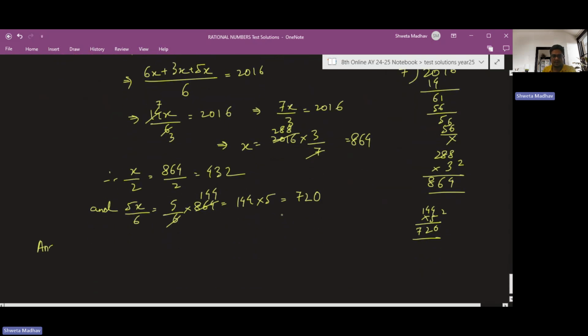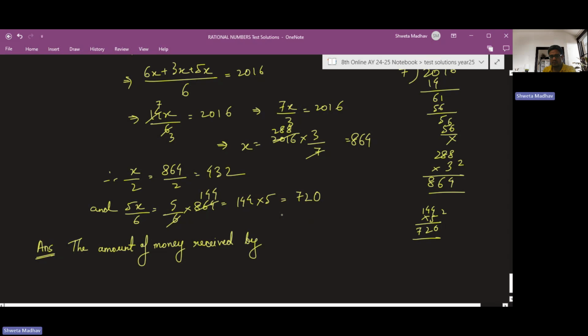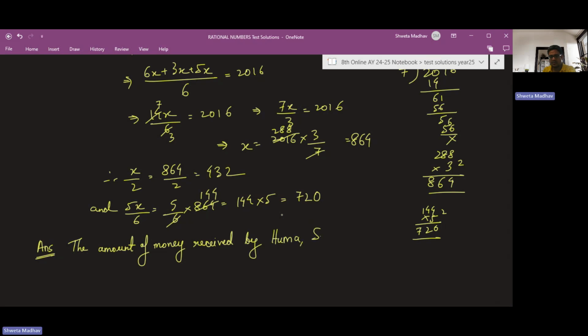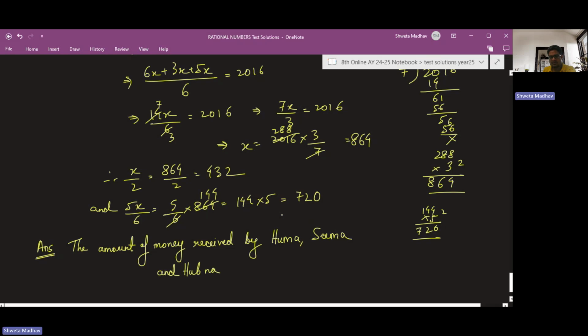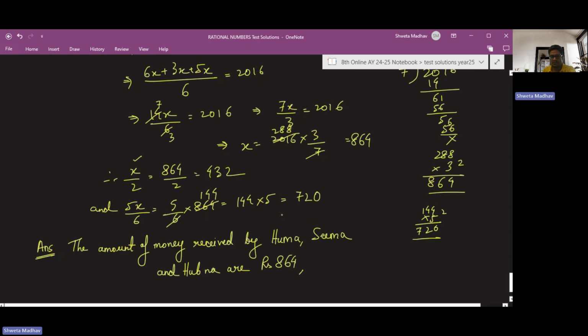So we can write the answer in a statement. So therefore I can say the amount of money received by Uma, Seema and Hubna: rupees 864 will be received by Uma, Seema will receive obviously X by 2, which is rupees 432, and Hubna will receive rupees 720 respectively.